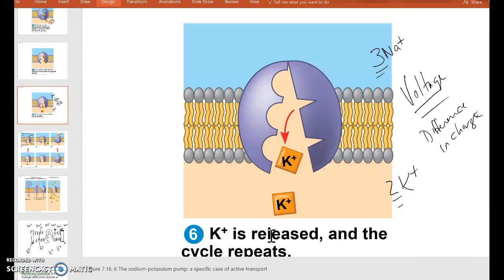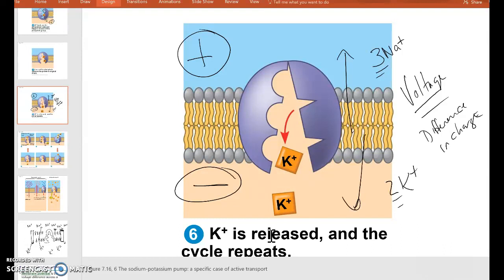So if we look at it, the interior is going to become negative in regards to the exterior because 3 of those positives have been moved this way where only 2 positives have been moved that way. So it's created a differential which has made the exterior positive in relation to the interior. So we got 2 things happening here.